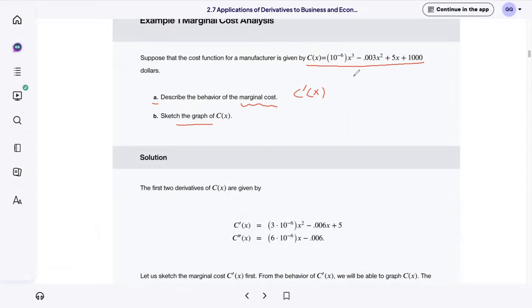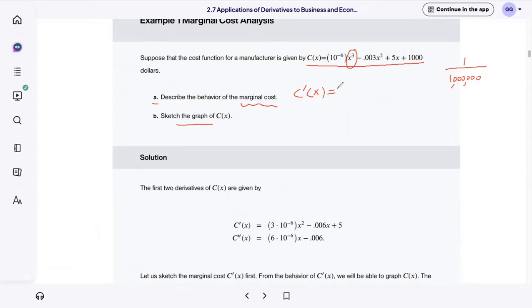Okay, let's see this. 10 raised to the -6, a very small number, is 1 divided by 1 million. You can think of 1 apple shared by 1 million people. It's a very small number. But this is a polynomial of degree 3 because we see x raised to 3.